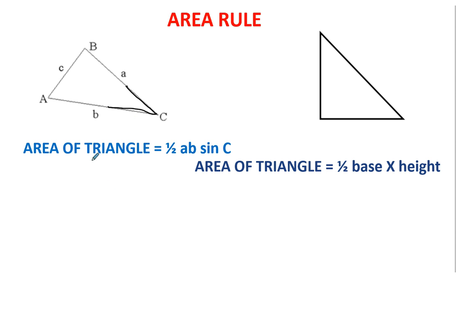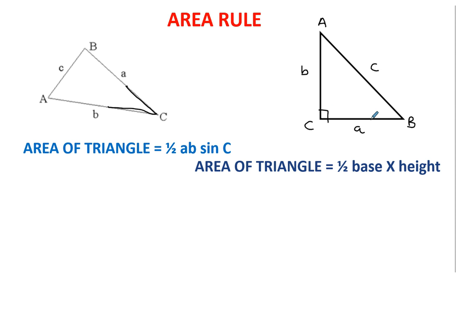Okay, so that's the area of the triangle when it's not a right angle triangle. When it's a right angle triangle, let's label it very much like that. So we've got the C there, and we've got A and B. If we labeled it like a non-right angle triangle, that would be A, that would be B, and that would be C. And we know the area of a triangle is half base times height.